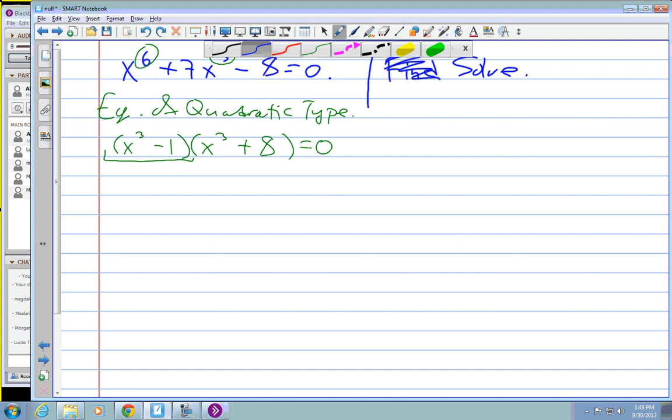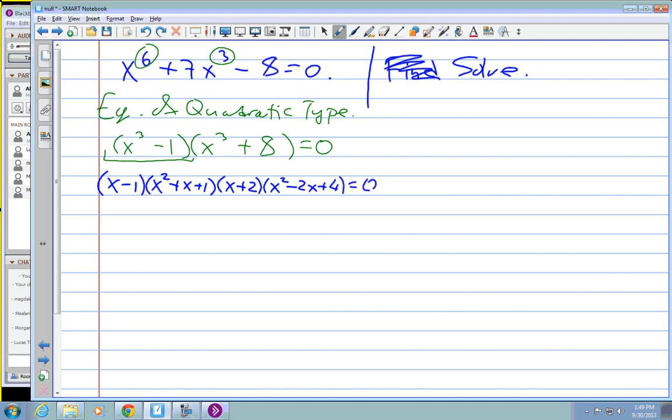So the way to factor x cubed minus 1 is x minus 1 times x squared plus x plus 1. This is x cubed minus 1 factored using the difference of cubes formula. Now, on the other one, I can use sum of cubes formula. It will factor into x plus 2, and then x squared minus 2x plus 4 equals 0.